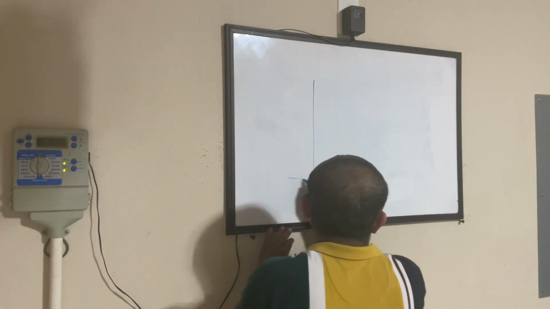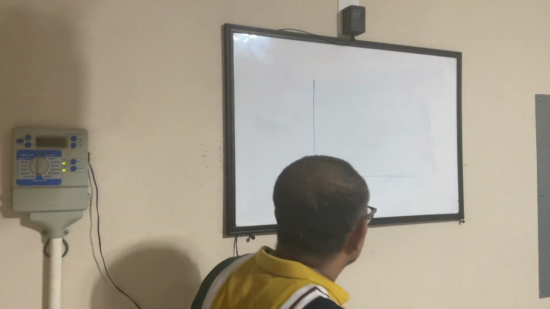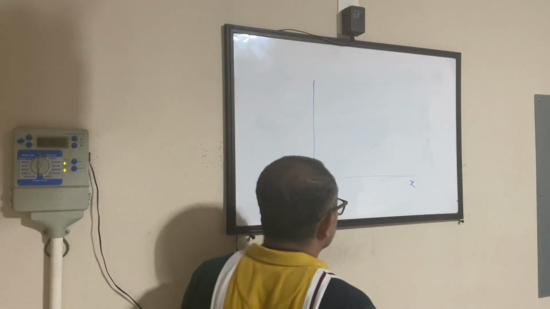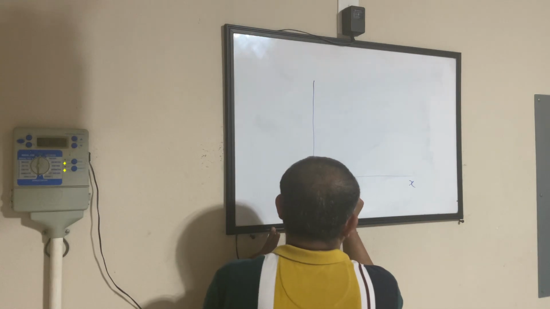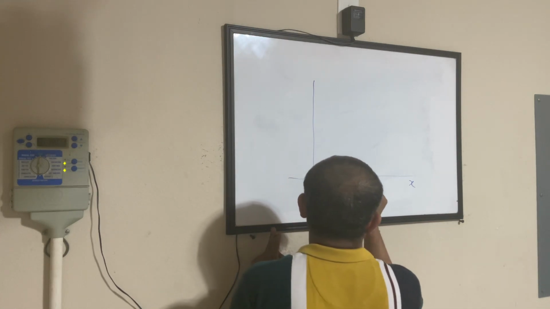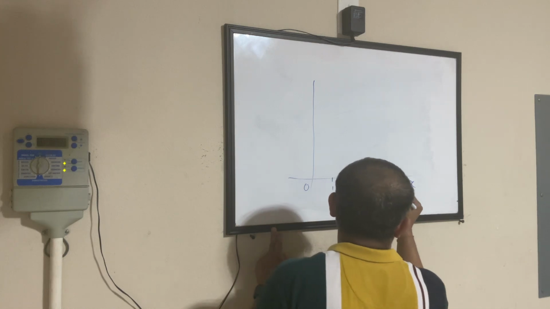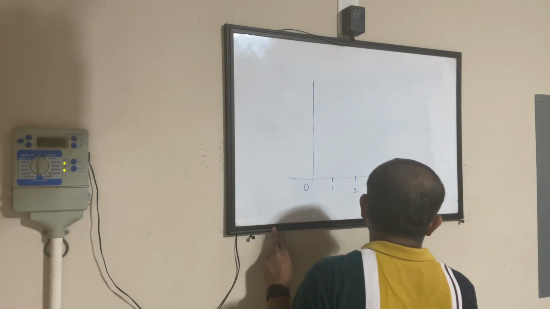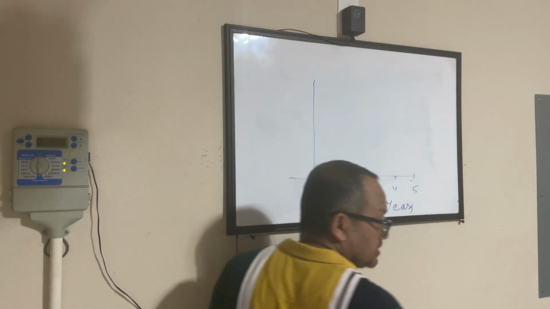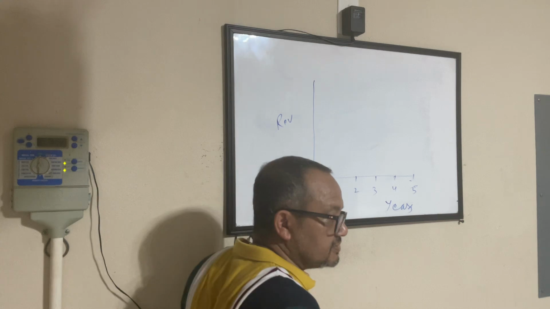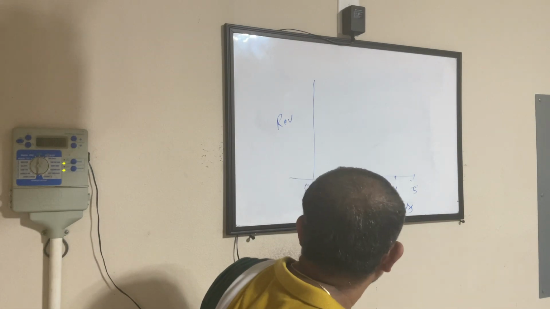So look at a coordinate plane where along the x-axis, let's say I'm plotting time. 0, 1, 2, 3, 4, 5 years. Along this axis, let's say I'm talking about revenue, like what Dhanushri was saying.